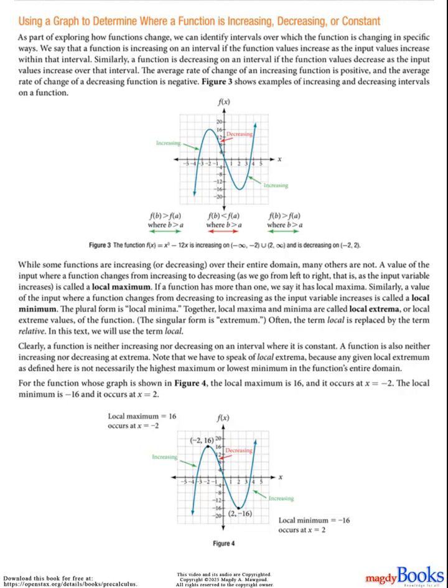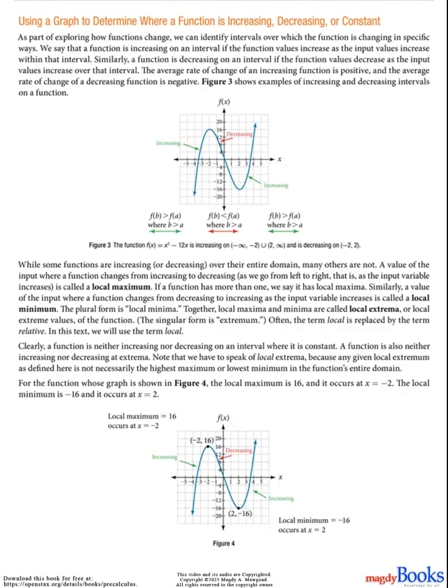Similarly, a value of the input where a function changes from decreasing to increasing as the input variable increases is called a local minimum. The plural form is local minima. Together, local maxima and minima are called local extrema, or local extreme values, of the function. The singular form is extremum. Often, the term local is replaced by the term relative. In this text, we will use the term local.